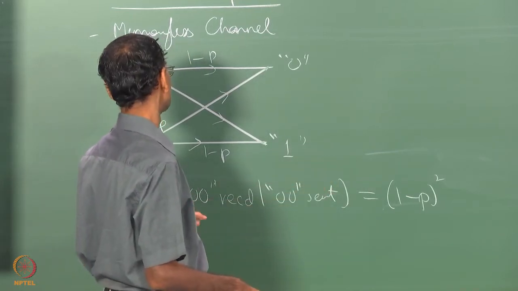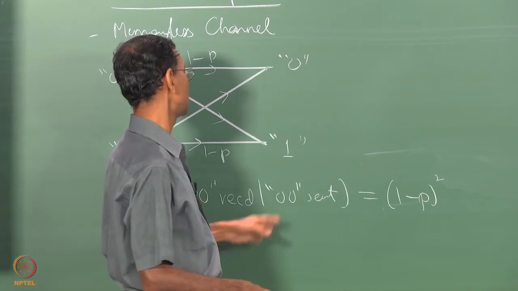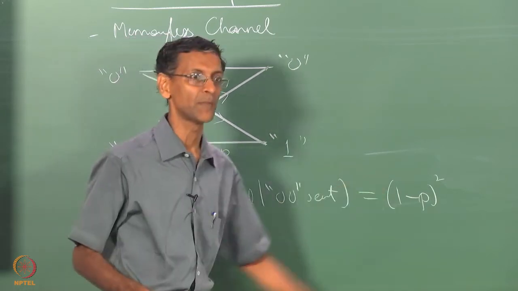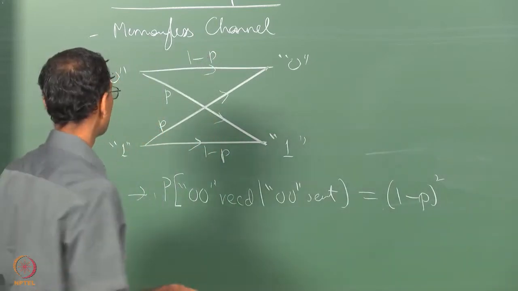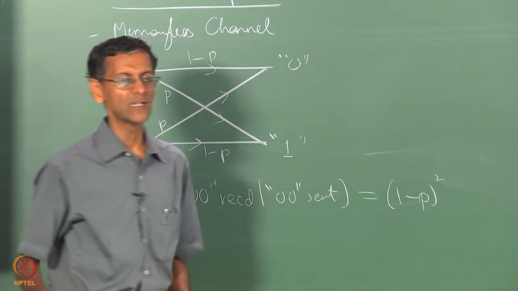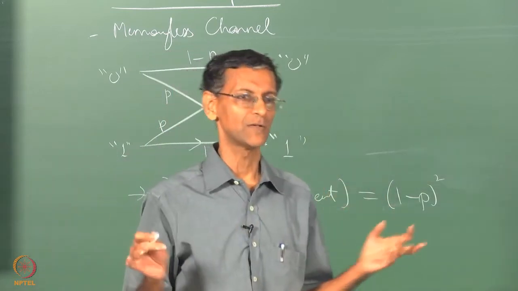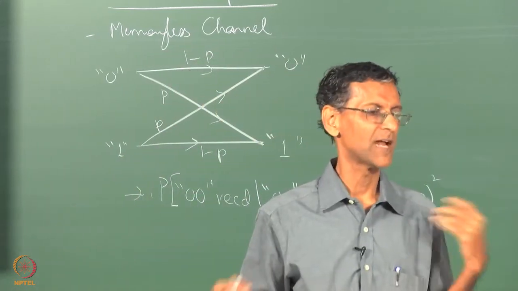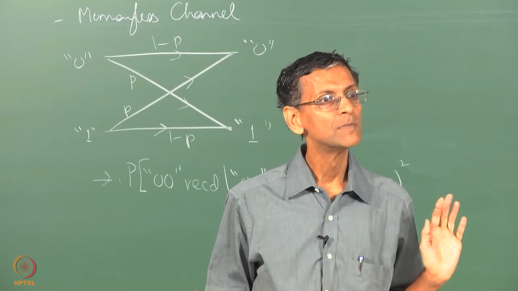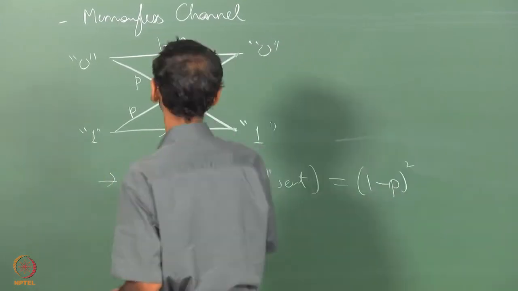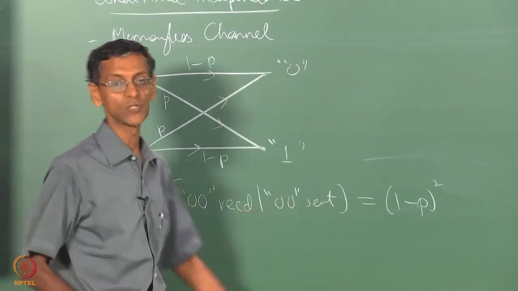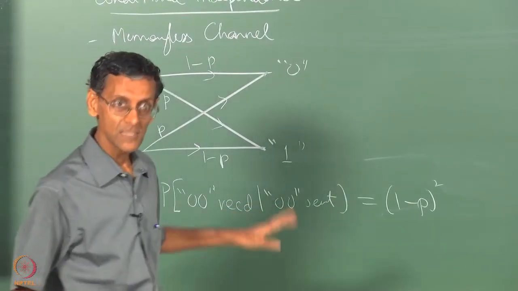If I want to look at, let's say, 10 received given 00 sent, it will be p times 1 minus p. So that is a property of a memoryless channel: each transmission is independent of any other transmission. The channel doesn't care. This is a channel model and doesn't say anything about how you get these symbols in the source. Is this clear?